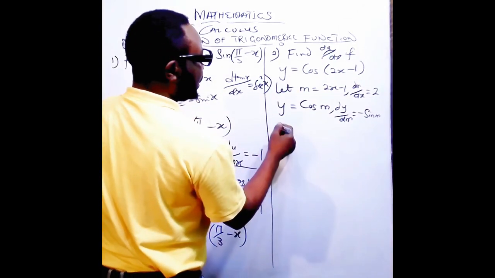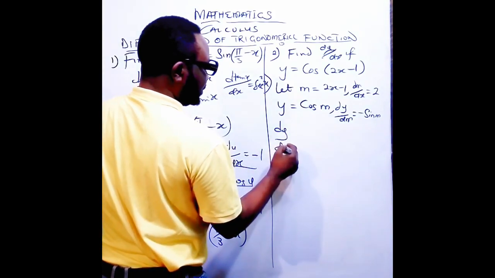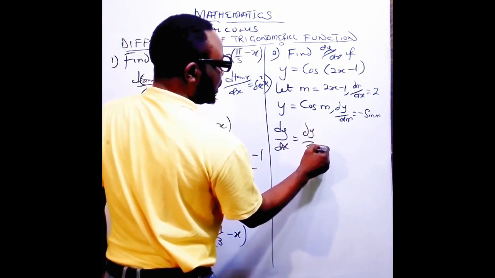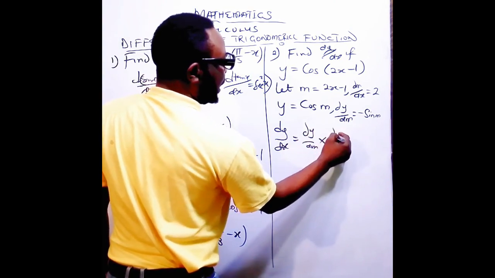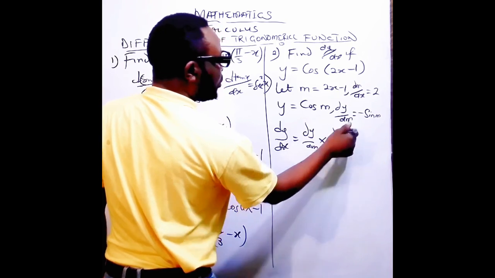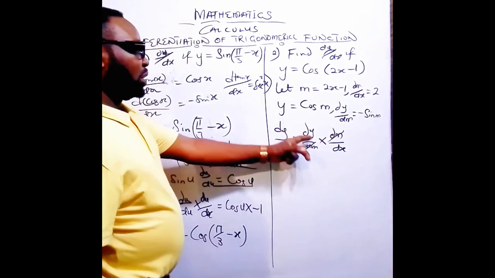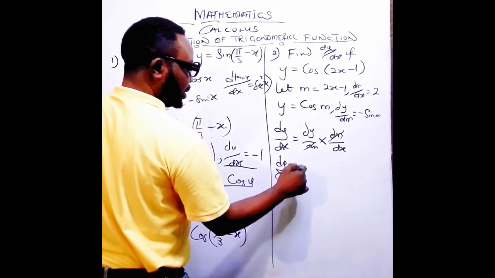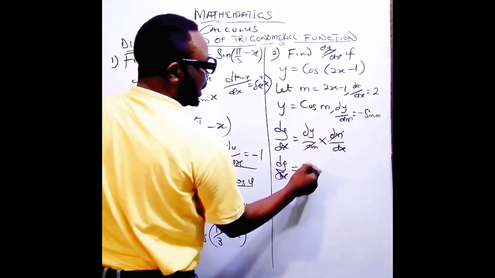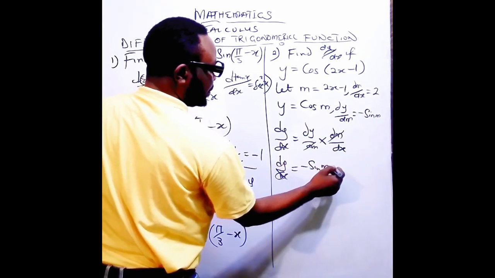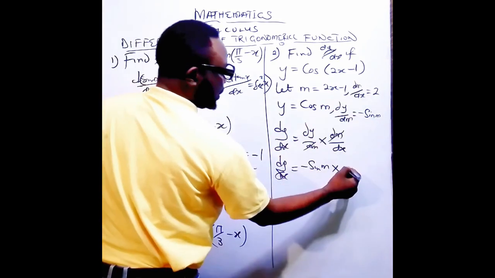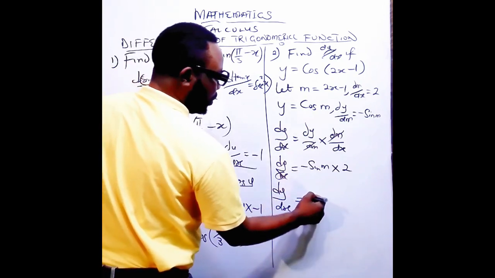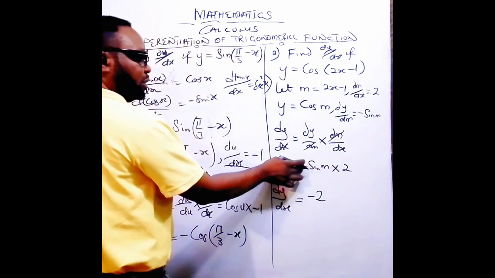So now we go ahead by saying that dy/dx will be equal to dy/dm multiplied by dm/dx. If you cancel the dm, then you're still going to get dy/dx here. So dy/dx is equal to minus sine m multiplied by dm/dx, which is 2. So dy/dx, in conclusion, will be equal to minus 2, because this is a negative value here.